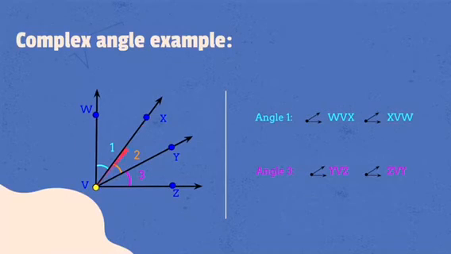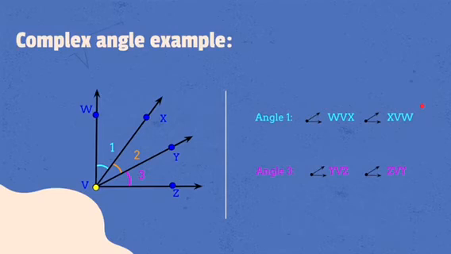That's here. So here we see there's W, V, and X. So we're keeping in mind that the vertex here must always be the middle letter. So therefore, we can call this angle WVZ because the vertex is in the middle, or we can call it angle XVW.